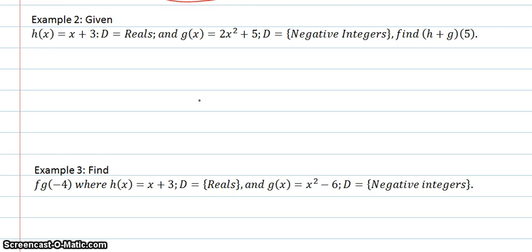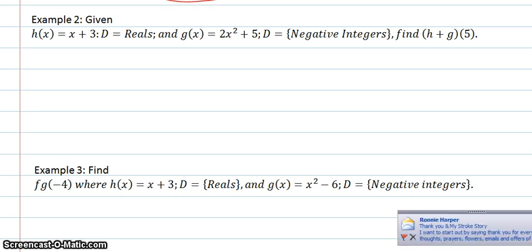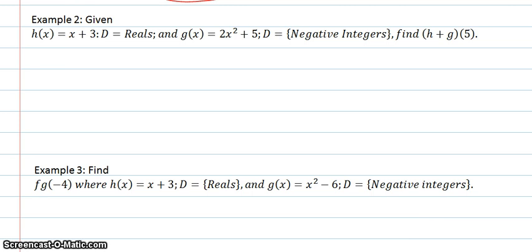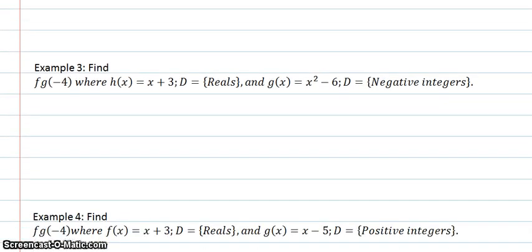So we'll have to be careful about that, because if it has a domain of negative integers and then we're trying to put a 5 in there, that would not have an answer. So this would just be null set or an empty set, since that 5 was not part of the domain of my g of x.